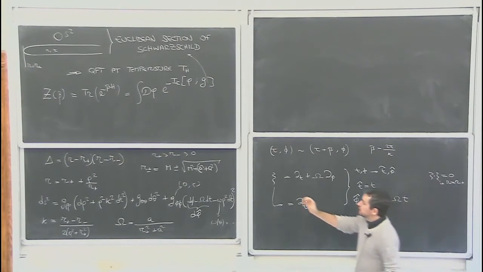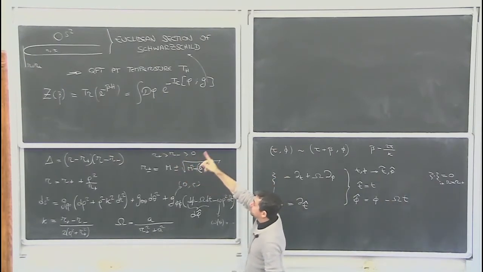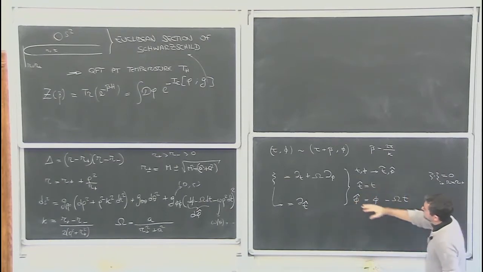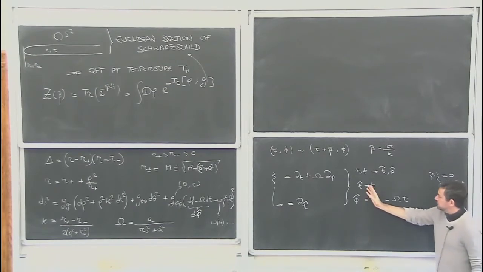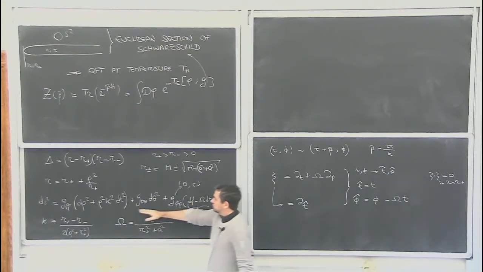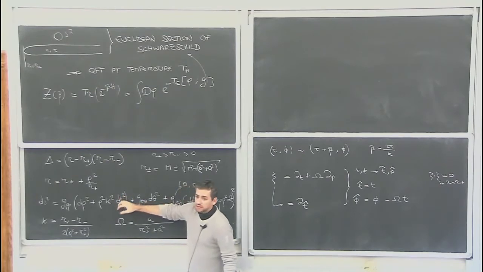So now that we have aligned our coordinates to the direction that is the problematic one, the one that defines the cigar over there, here it's a bit twisted because of the rotation, because of the presence of this term. Now that we have changed our coordinates in such a way that we are better aligned to the situation, things are very simple. This term is not there anymore, and this dt becomes dt hat.